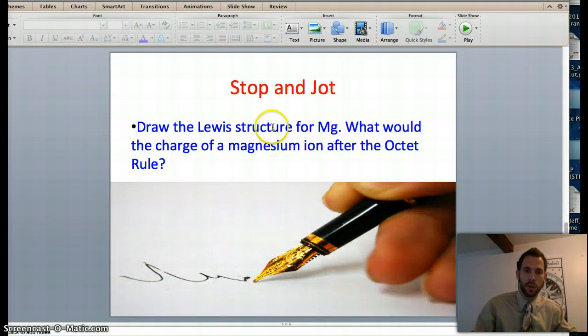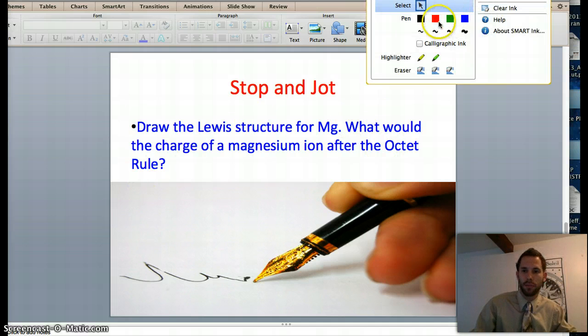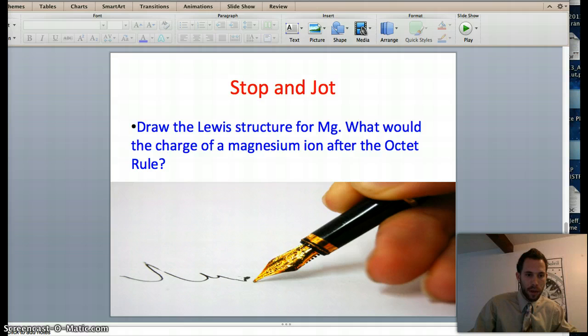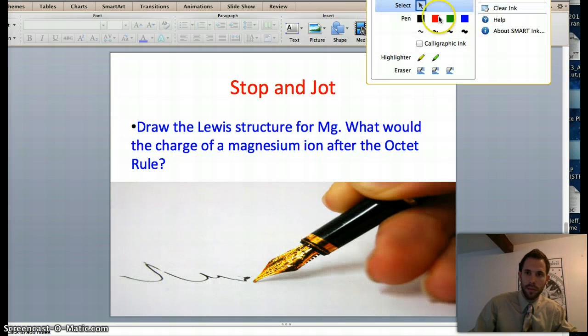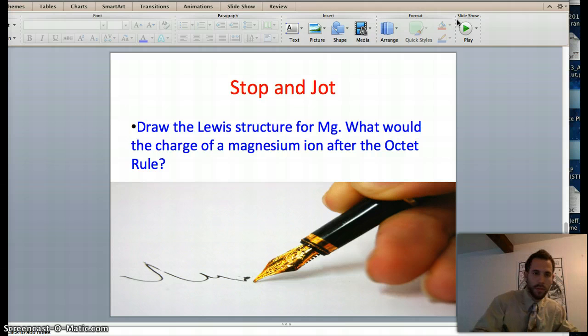Last but not least, let's do it for magnesium and then find the charge of the magnesium ion after the octet rule. So I'd find magnesium on the periodic table. There it is. It has an atomic number of 12 in group 2. I would draw it out right here just for reference. 12, Mg. Beautiful.